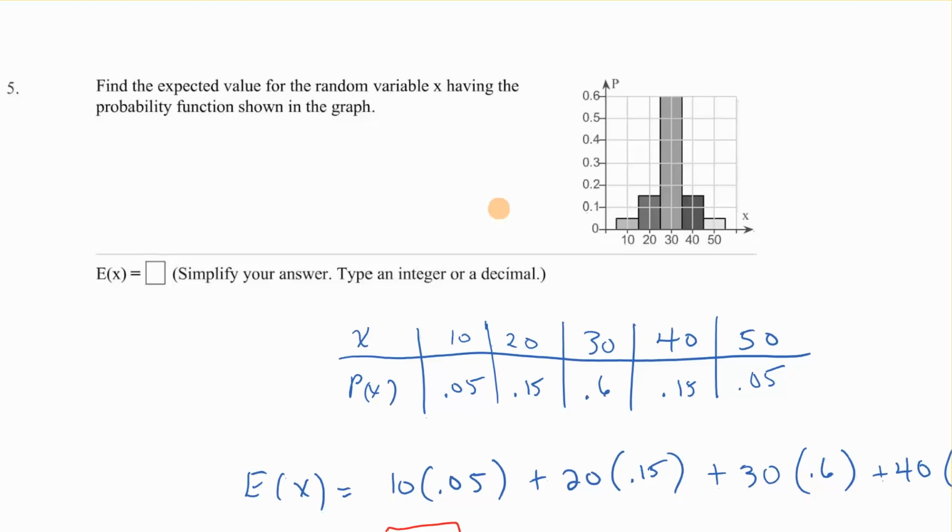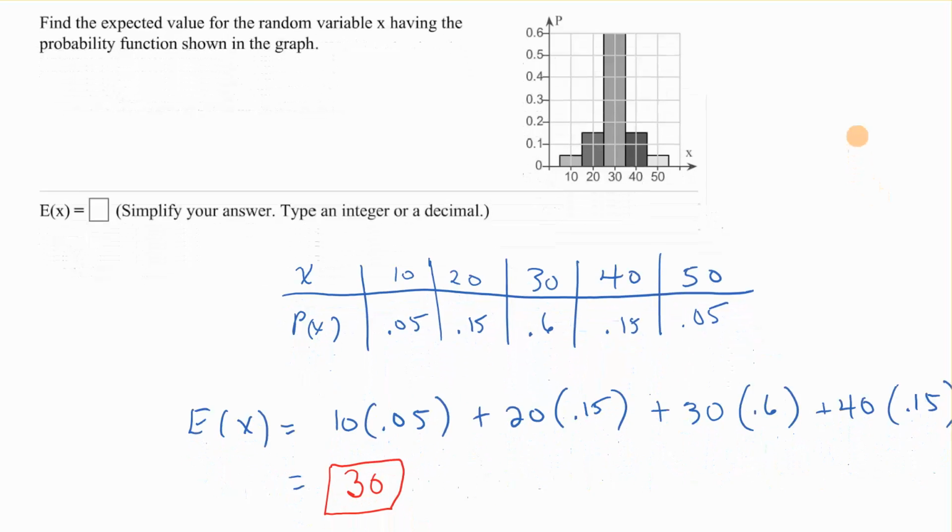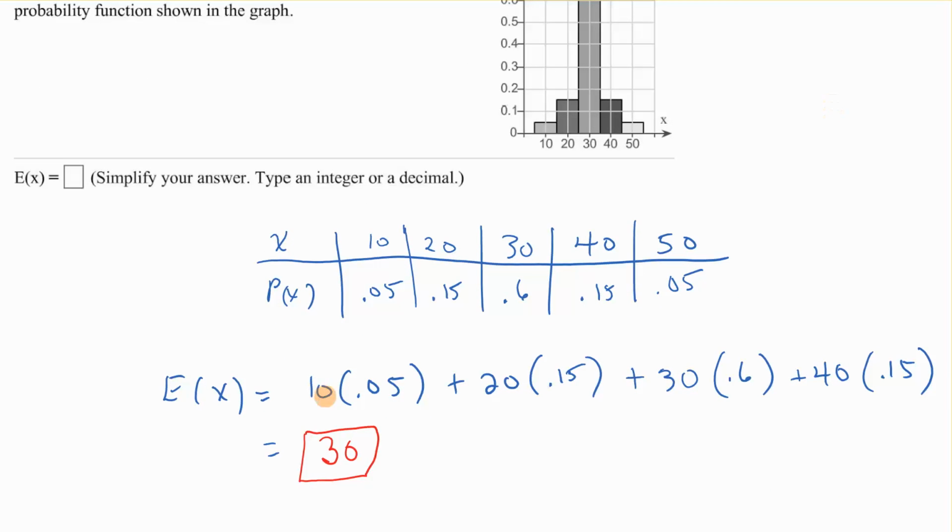Number 5, again we have a histogram. We need to create our distribution table, x and p of x. So we've got 10 and 0.05, 20 and 1.5, and so we go through and choose those and create that table, and then you can do your expected value.